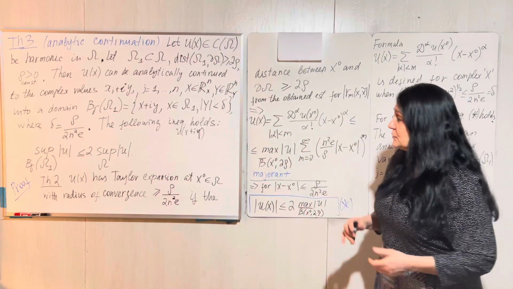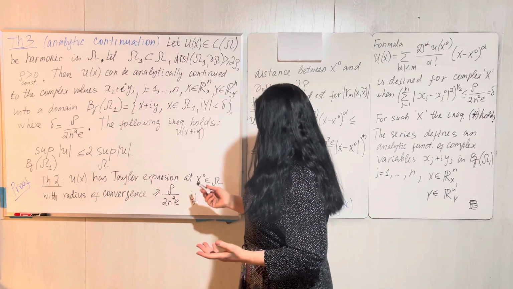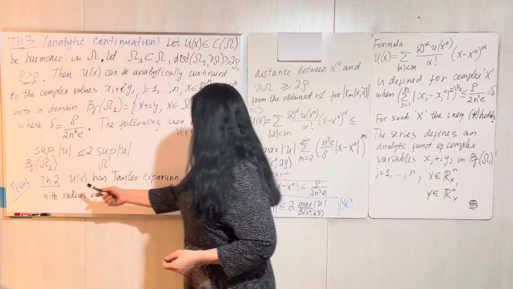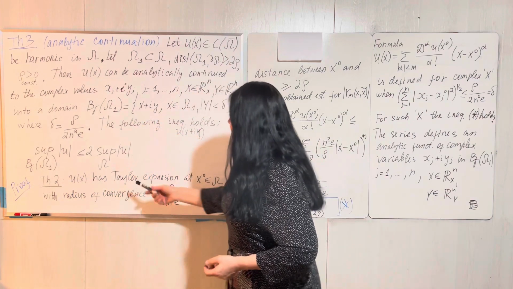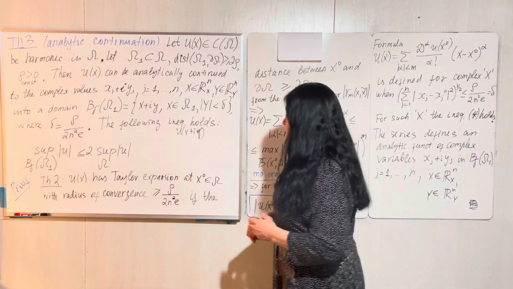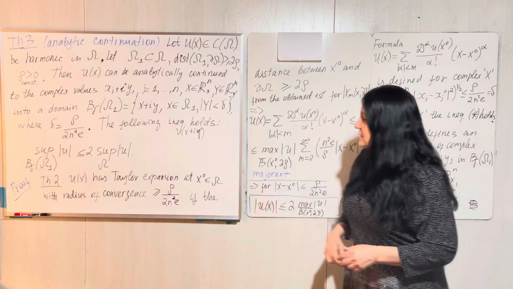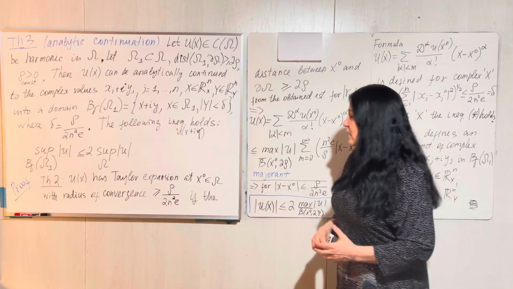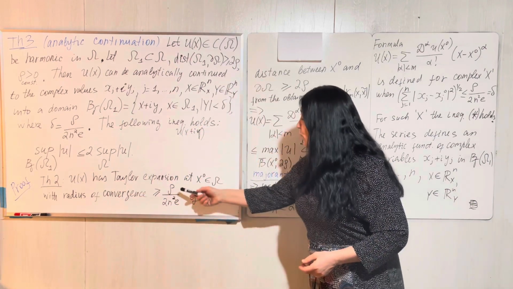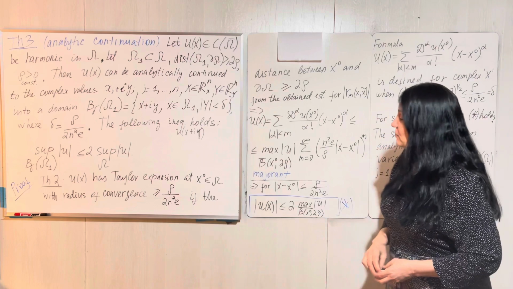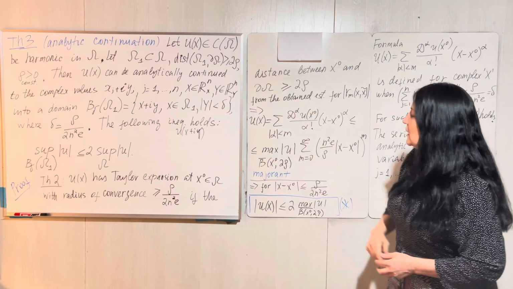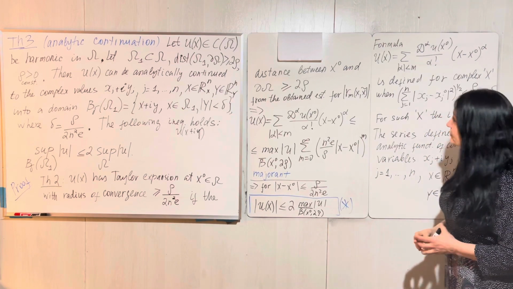And so the proof, we use essentially here theorem 2. So we know from theorem 2 that function u of x can be expanded into a Taylor series at point x0 in omega, and the radius of convergence would be no less than rho over 2n square e if the distance between x0 and the boundary is no less than 2 rho.